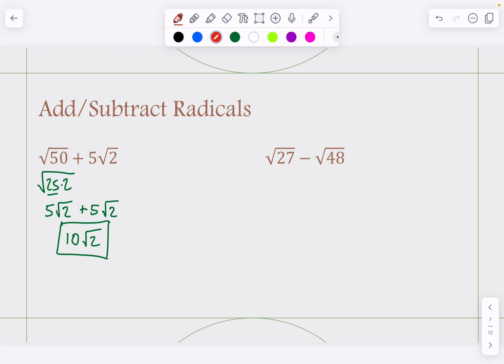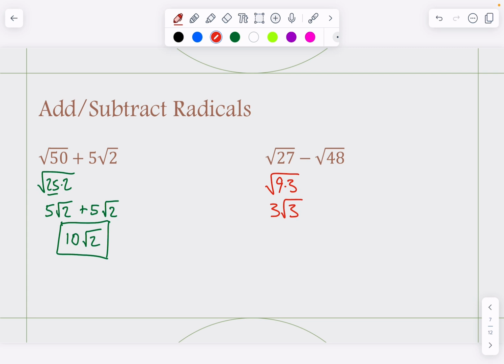Now this next one, I have square root of 27 minus the square root of 48. Both of these need to be simplified. Square root of 27 can be broken down into the square root of 9 times 3, the square root of 9 of which is 3. So simplifying that, I get 3 root 3.